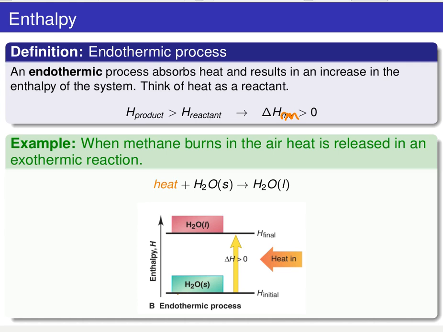So if you start off down here with a low enthalpy state, and for example, you've got a cup of ice on the table, then that cup of ice on the table is going to absorb heat from the surroundings, increasing the enthalpy of that little cup of ice, and eventually that cup of ice will turn into liquid water. When it's done so, you will have a corresponding enthalpy change that is going to be positive. And all of that change in enthalpy corresponds to how much energy was absorbed by that system.